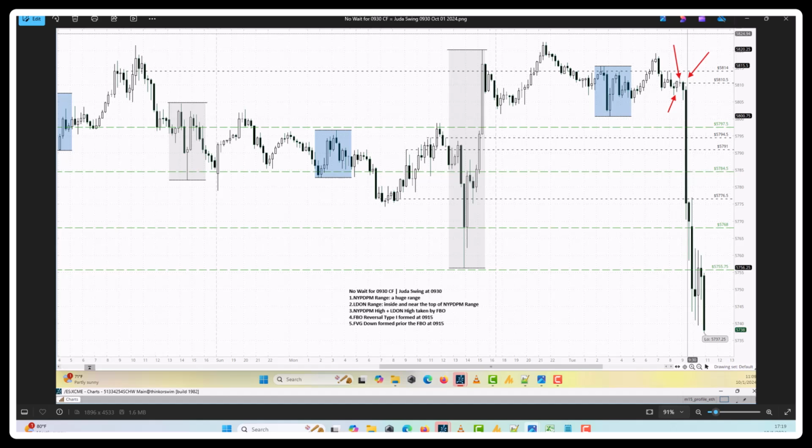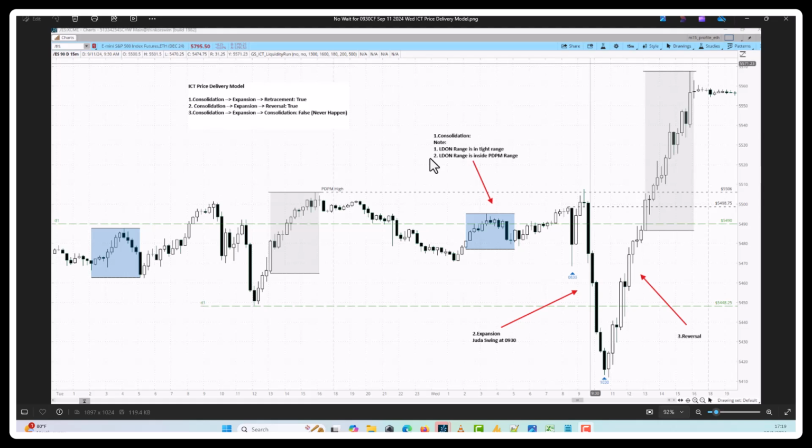Just take a look at the previous example we have. It took place on September 11 right there. So you see that it's a Judah swing right here at 9:30. So we don't have to wait for the 9:30 candle formation confirmation.